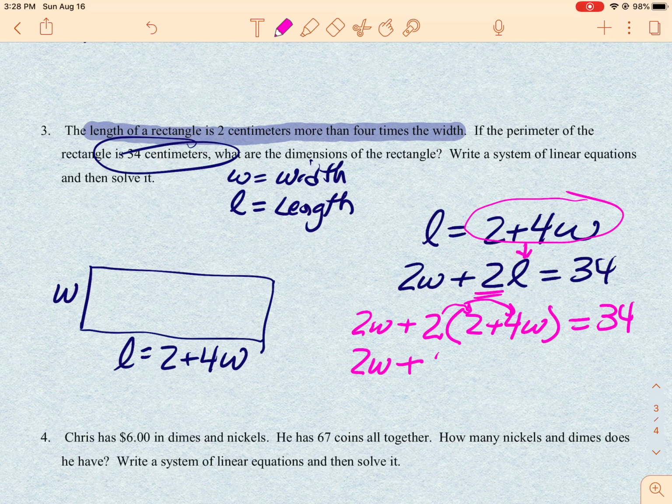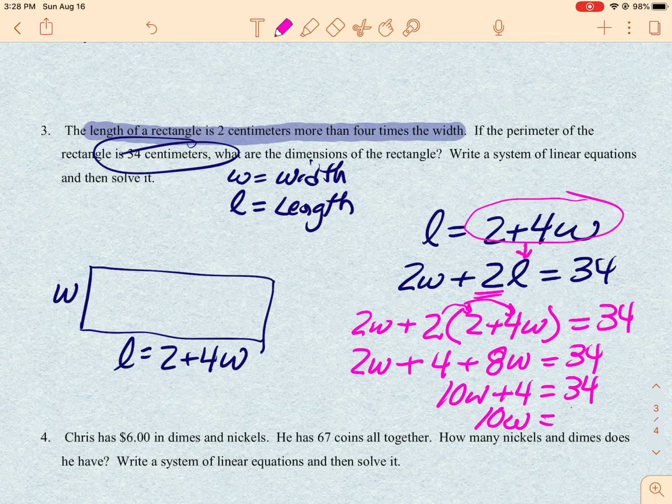So 2W plus 4 plus 8W equals 34. Combine like terms. 10W plus 4 equals 34. Subtract the 4, and you're getting 10W equals 30. So W equals 3.